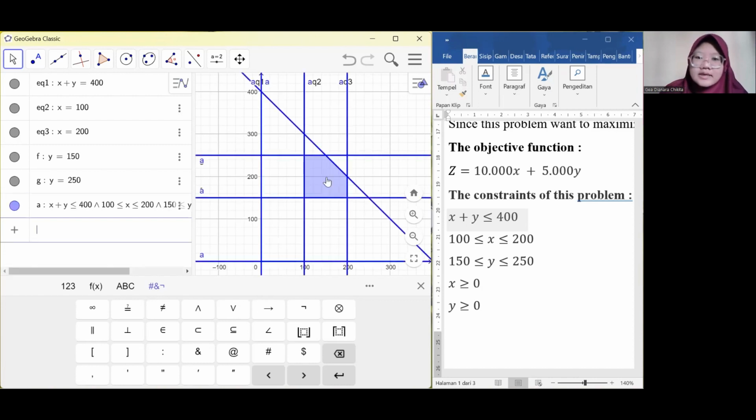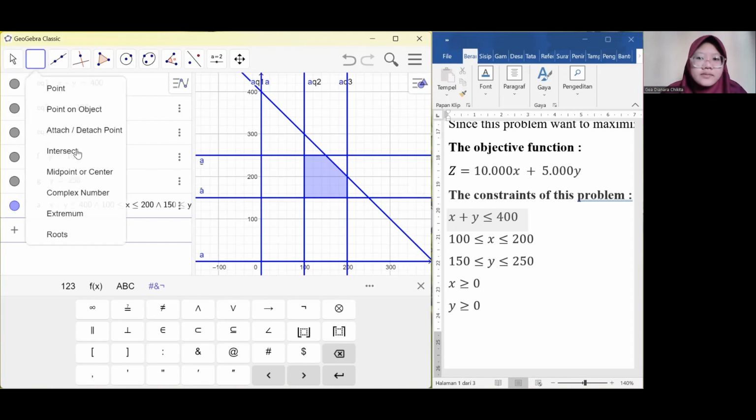So we get this feasible area, and from this feasible area we can find each corner point, or we can call it a vertex. We can find the vertices by using this feature.